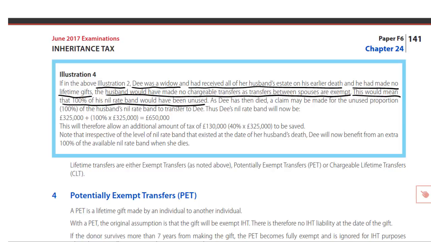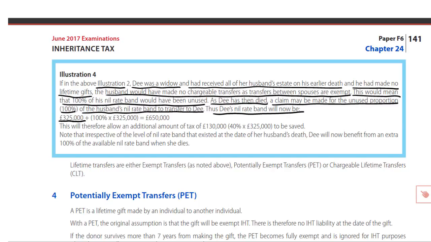And only ever since the late 2000s, when this really fundamental important change came in, it means that when D, the surviving spouse, dies, a claim may be made for the unused proportion, here 100%, of the husband's nil rate band to transfer to D. So that when we then compute the tax on D's death, the nil rate band will now be her own 325,000, she had made no lifetime transfers, plus 100% unused from husband.